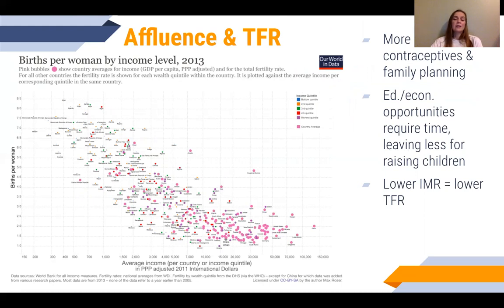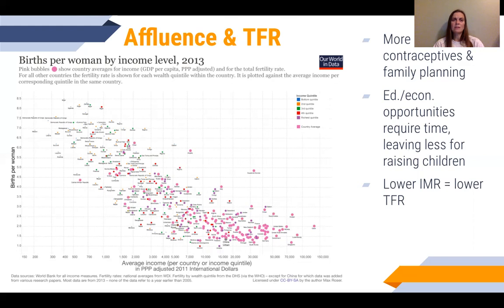Affluence, it makes a huge difference. The more access women have to contraceptives and to family planning, that always comes along with affluence. And so that tends to decrease the total fertility rate.